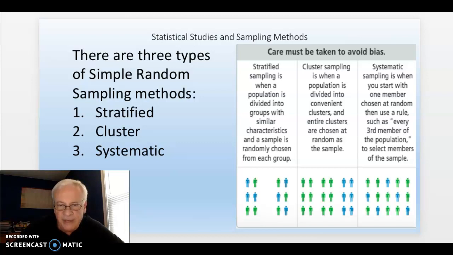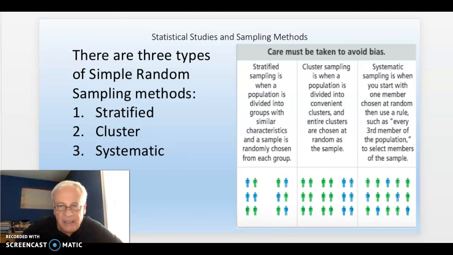In stratified, we divide a population into groups of similar characteristics, like by age, 50 and over, or between 20 and 30. Then you randomly sample from each of those groups.